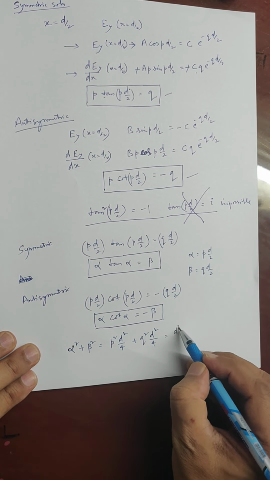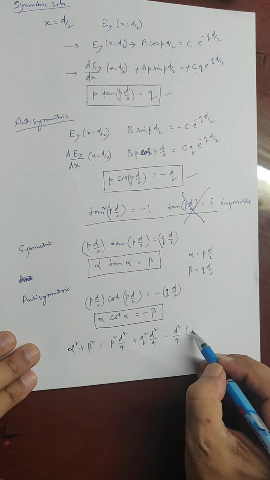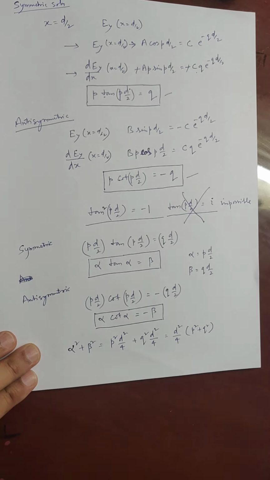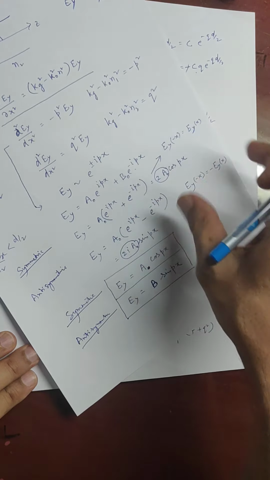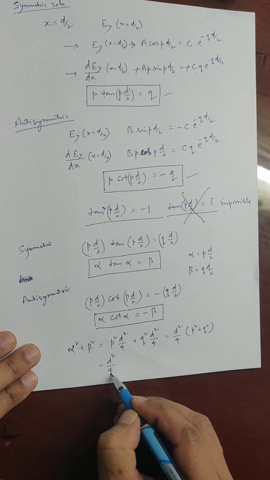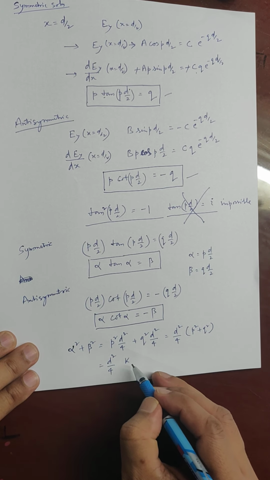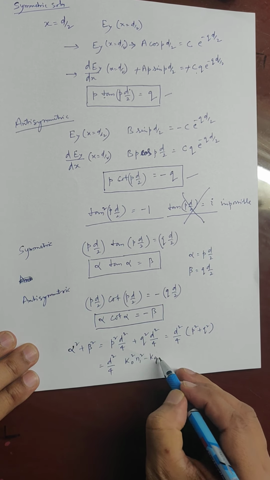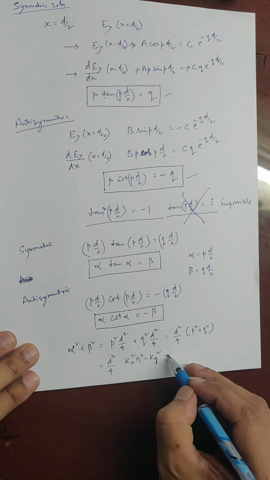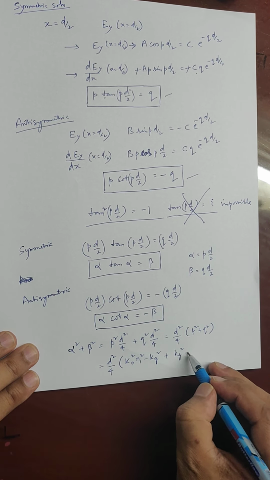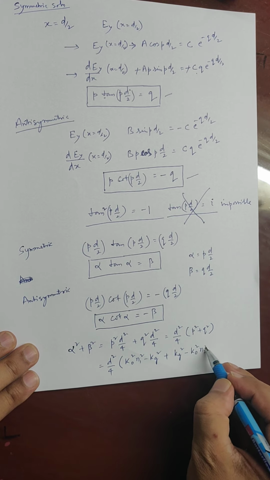Which means that d square by 4 can be taken common and you'll have p square plus q square. If you remember the definitions, p square is nothing but k naught square n1 square minus kg square, and q square is kg square minus k naught square n2 square.